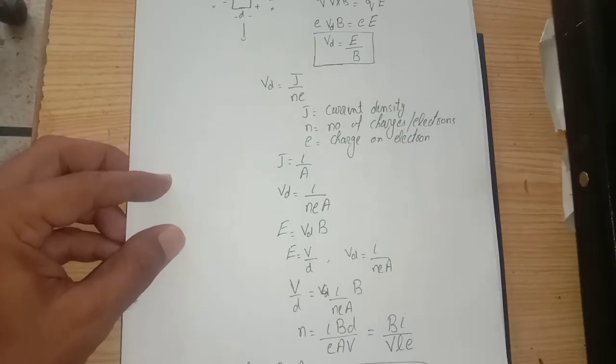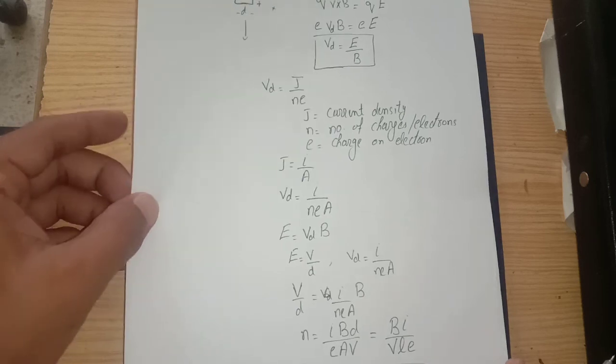I have developed this formula for number density, that is number of charge carriers per unit volume. I can use this formula to calculate this Hall potential difference.